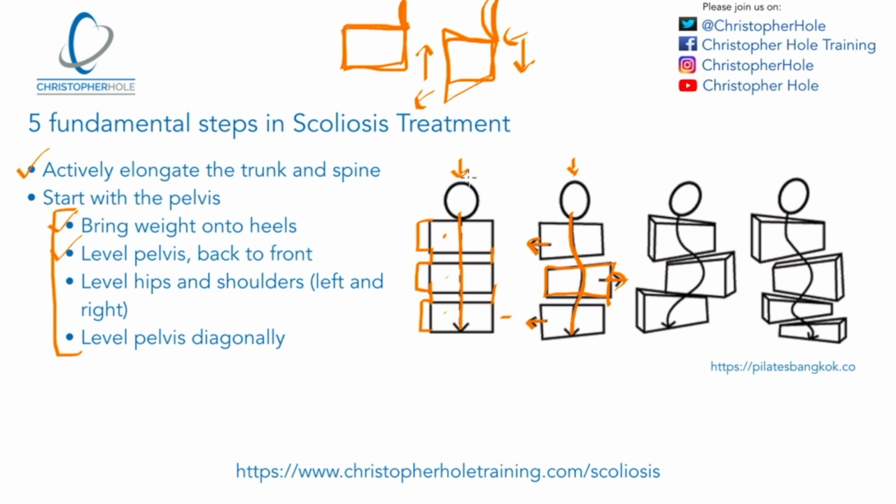So first of all, we want to bring the weight onto the heels, and then we want to actively level the pelvis from back to front. So we are actively, in a sense, flattening the lumbar curve, lifting the front of the pelvis up, and dropping the back of the pelvis down. So that's point number 3. When we come on to point number 4, it's level the hips and the shoulders from right to left.